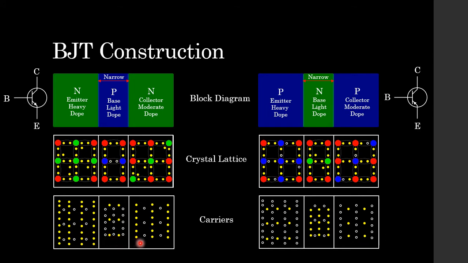And finally, at the collector, because it's moderately doped, we see that there's quite a few free electrons here. Same thing for the PNP, except we swap around our holes and our free electrons. So take note of this, students. This is an important slide to wrap your head around just how the NPN transistor and the PNP transistor work. And as you can see, it's not the same as having two diodes back to back.